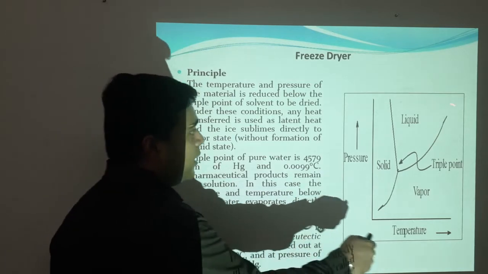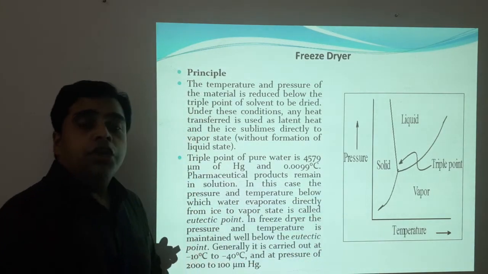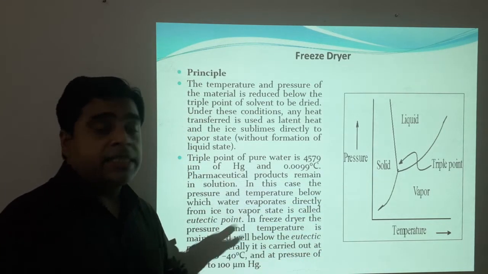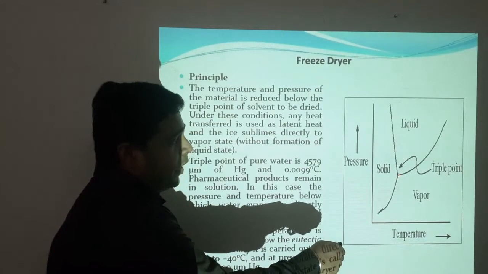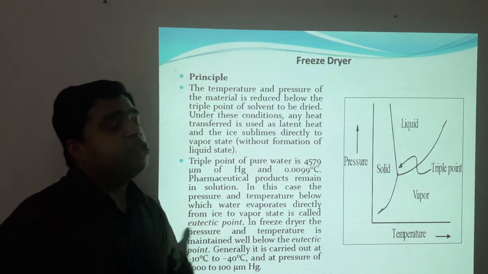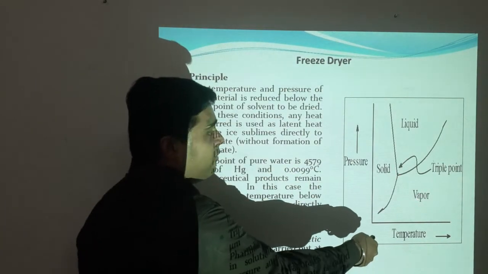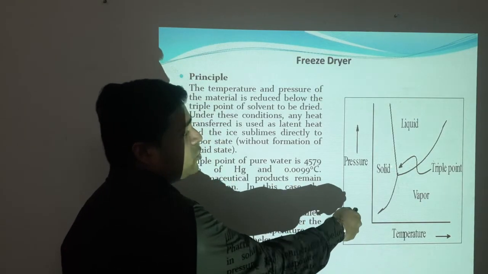Yes, this is a diagram of the triple point of water. You must be familiar with this from your physics class. This is the pressure axis and this is the temperature, and at this particular point we can see the convergence of the three phases: vapor, liquid and solid.